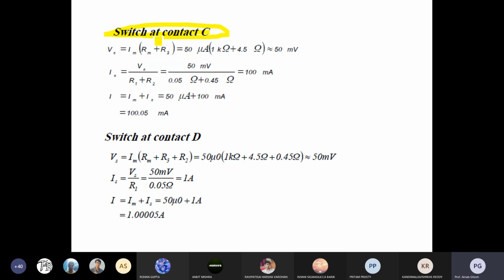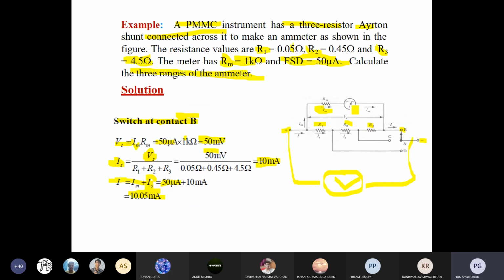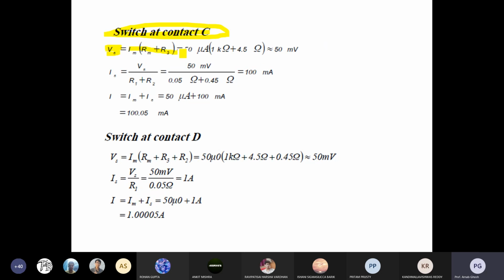So for the condition of the switch you can calculate. Similar thing: Vs equals what? Im into Rm plus R3. Now you can see that Rm is in series with R3 when A is connected to C. So total Vs appears across your Rm plus R3. The meter current should not change, right? So simply, 50 microampere into 1 kilo ohm plus 4.5 ohm comes to more or less 50 millivolt.